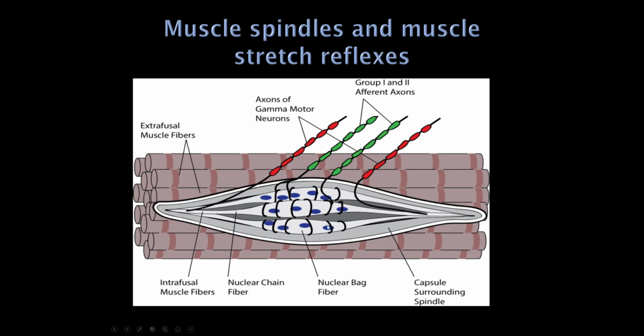These are the ones that are activated by a rapid stretch, like when you check your reflexes. You tap on the tendon, you get a brief stretch of the muscle. Well, that's stretching these nuclear bag fibers, and we get these very fast, mainly group 1A afferents that send that information back to the spinal cord. Okay, and in just a minute I'm going to talk about the importance of these gamma motor neurons, which are activating the muscle spindle.